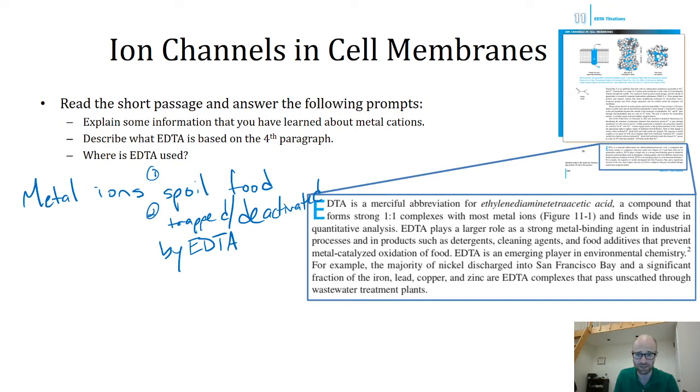EDTA, I'm not going to describe it because that's this entire paragraph, but there's a name for it, and it's a compound. It's a chemical that does stuff. Where is it used? Well, like it said, detergents, cleaning agents, food additives, environmental chemistry, and there's probably a couple others where this compound shows up.